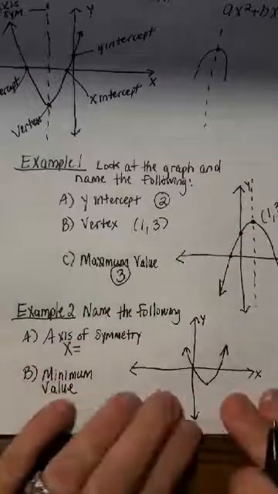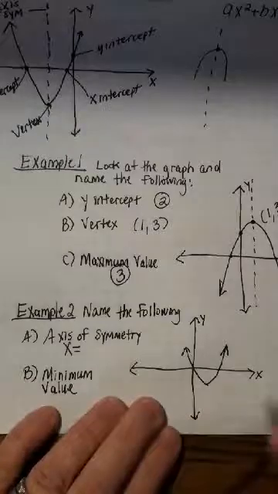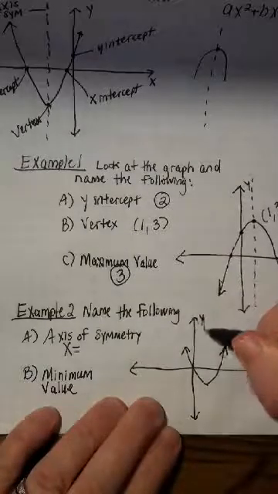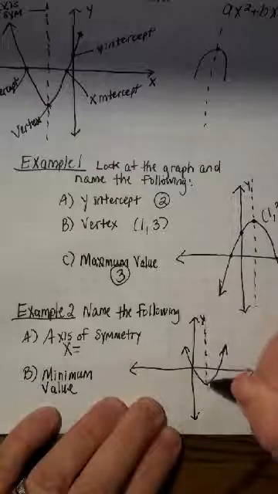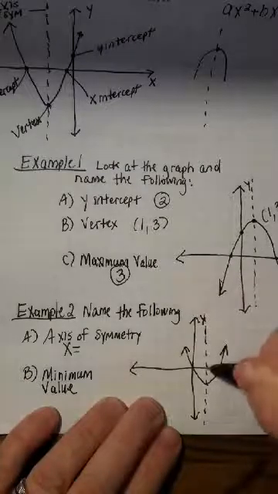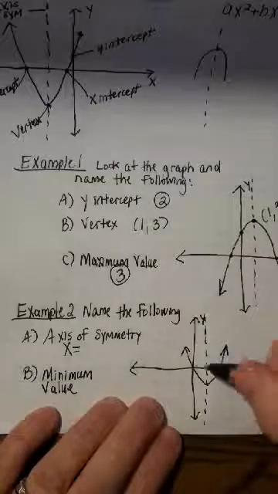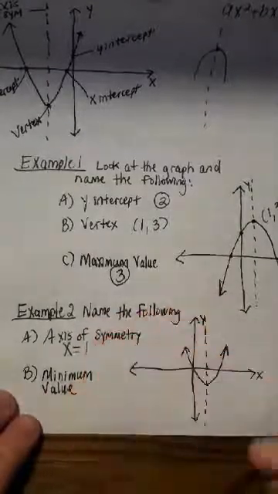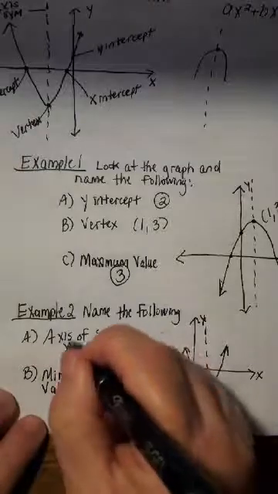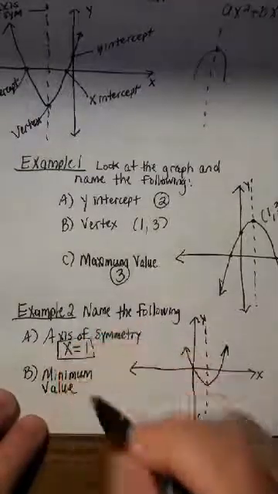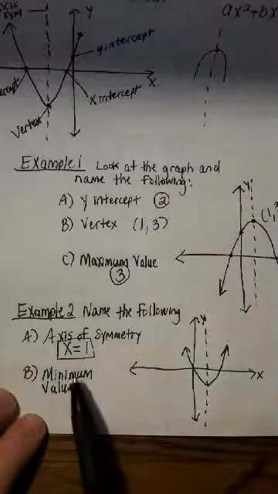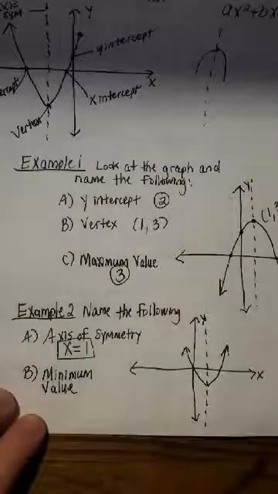So it's always going to be x equals, and then you name the x point right here where that axis of symmetry crosses the x-axis. Okay, so that is going to be at 1. So you would say x equals 1. That is your axis of symmetry. Again, make sure you name your axis of symmetry with an equation, x equals 1.